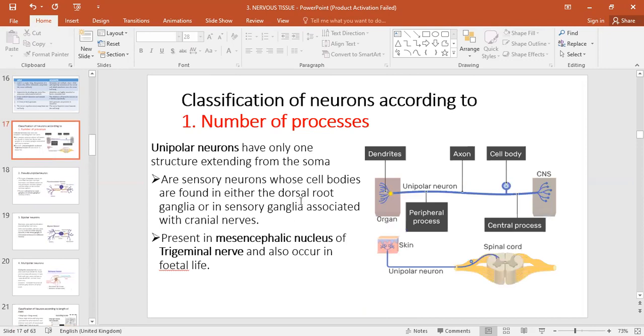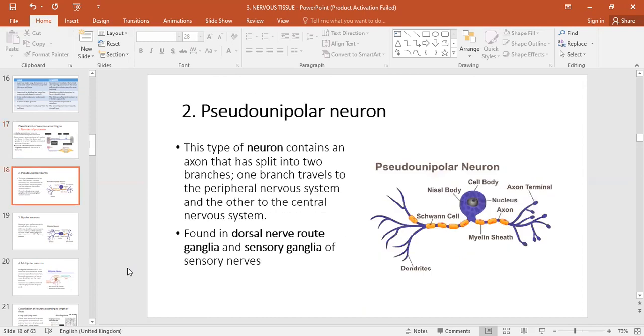So unipolar, we are calling it unipolar because first of all, you have a cell body here. Under normal circumstance, we should have an axon like the way it is here. Then we should have dendrites on the other side also. But a unipolar neuron, also called the pseudo-unipolar neuron, is the same one here. This neuron has a cell body, but no dendrites there. So what happens is the axon comes from the cell body, then splits in half.